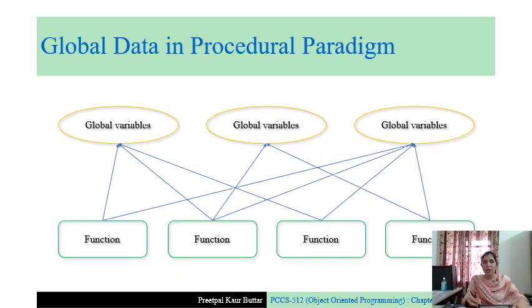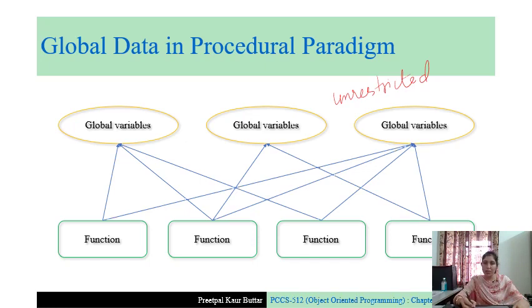Okay, so what happens with global data in the procedural paradigm or the structural paradigm? The global data item is unrestricted because it can be accessed everywhere. Functions A, B, C, D, all these functions can access this global data item.